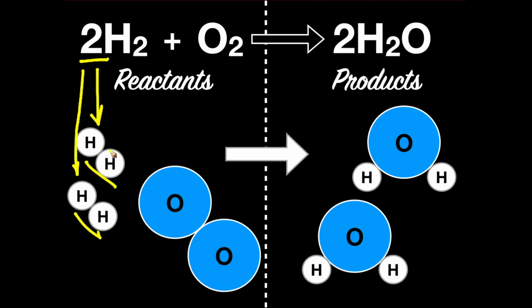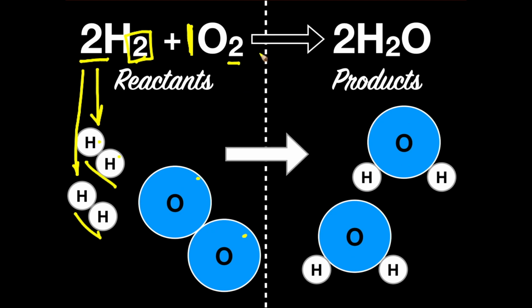Now, this little subscript here is referring to the fact that in each of these molecules, there are 2 hydrogens. So let's look at oxygen. Since there's nothing in front of it, we assume there's just 1 oxygen molecule here. Now this 2 refers to the 2 oxygen atoms making up our oxygen molecule.